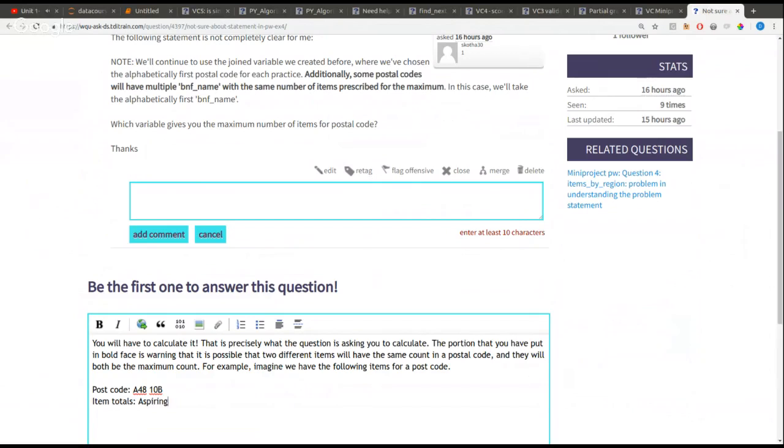Aspirin, 482. Bandages, 482. Amoxicillin, 313.